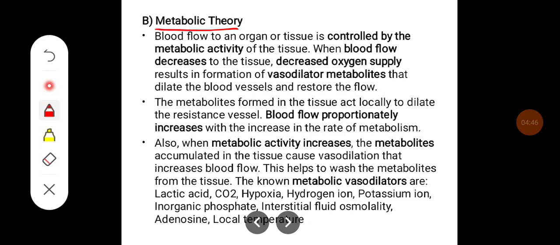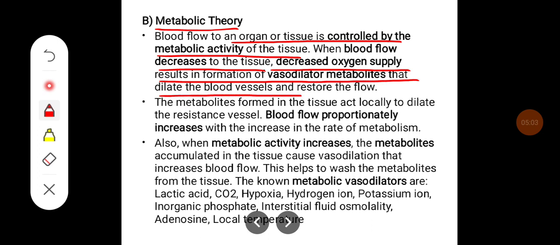Metabolic theory. The blood flow to an organ or tissue is controlled by the metabolic activity of the tissue. When blood flow decreases to the tissue, decreased oxygen supply results in formation of vasodilator metabolites that dilate the blood vessels and restore blood flow. The metabolites formed in the tissue act locally to dilate the resistance vessels. Blood flow proportionately increases with increase in the rate of metabolism.